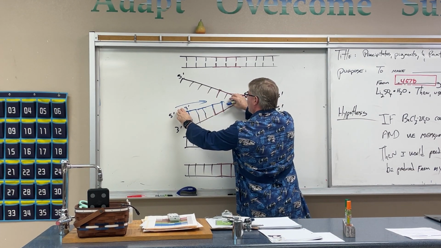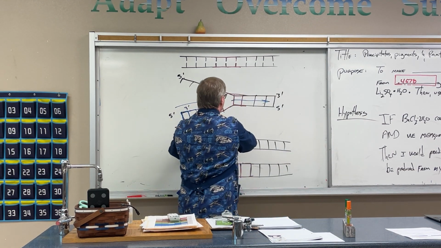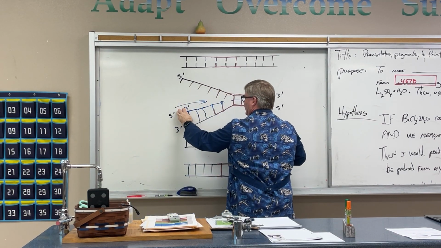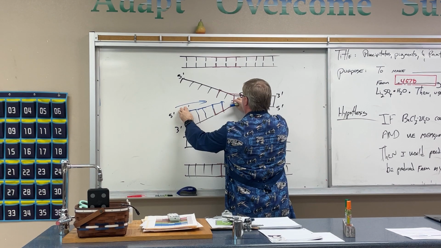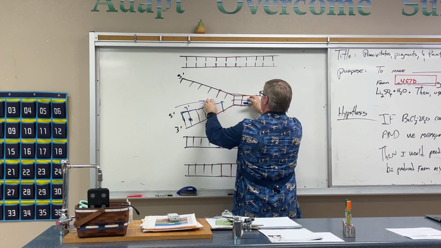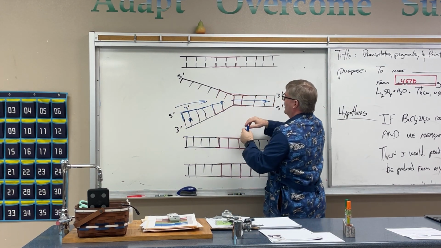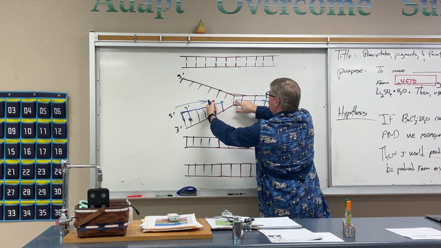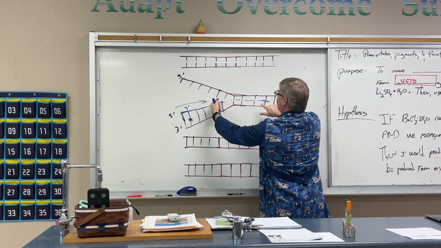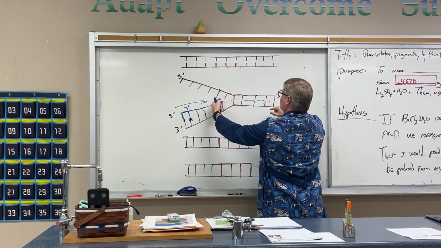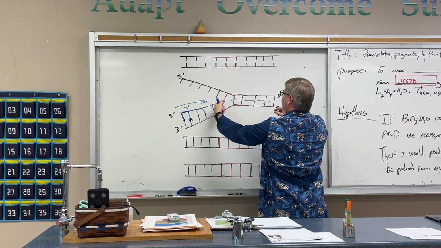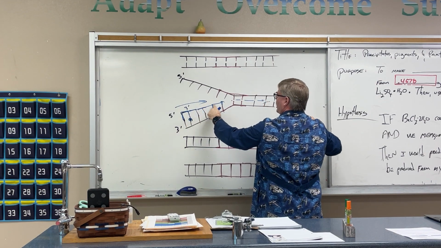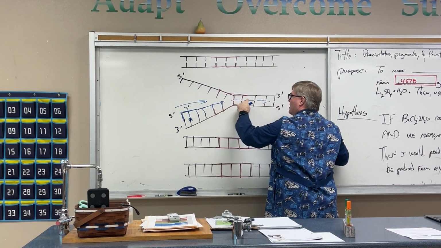So what will happen is the cell will let that zipper get out there a little bit, then it's going to grab on here, and it's going to begin copying the DNA, and it's just going to go right behind the zipper. So as this is moving this direction, this becomes unzipped, and that's unzipped, and eventually the entire piece is unzipped, and at least on the bottom strand, it just gets copied all the way through.